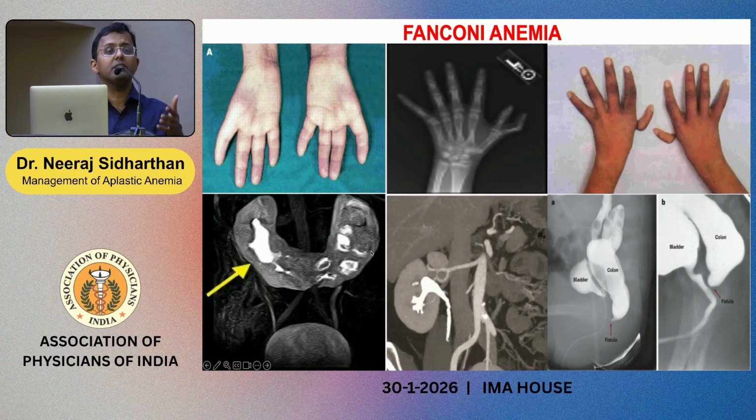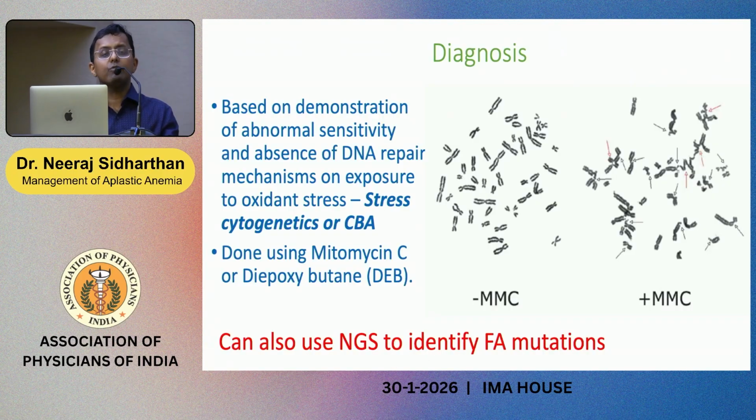So how do you actually diagnose? Because all the patients with Fanconi may not present with constitutional symptoms or signs. 50% of them may not have these abnormalities. So we could do a blood test called stress cytogenetics, and it can be done using mitomycin or diepoxybutane. This will show increased sensitivity, and you can see here the triradial formation of the chromosomes.